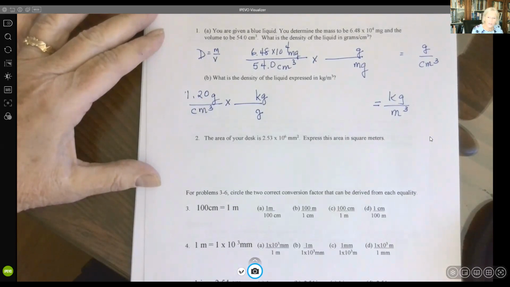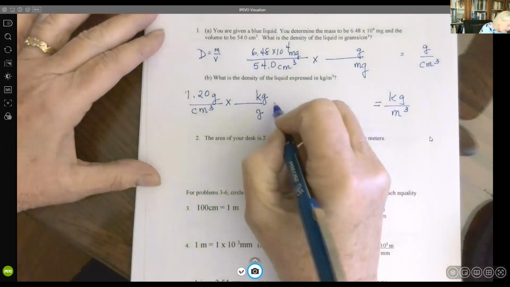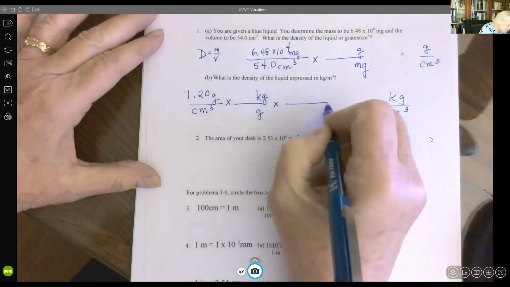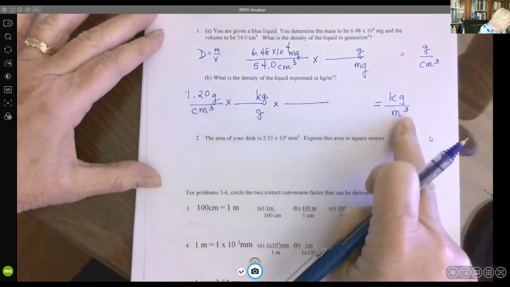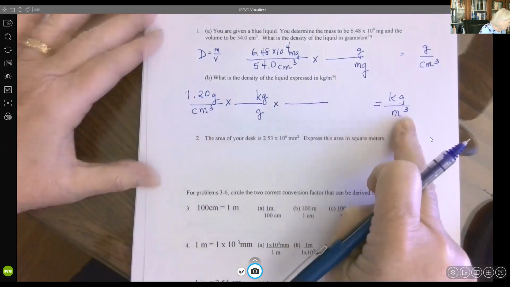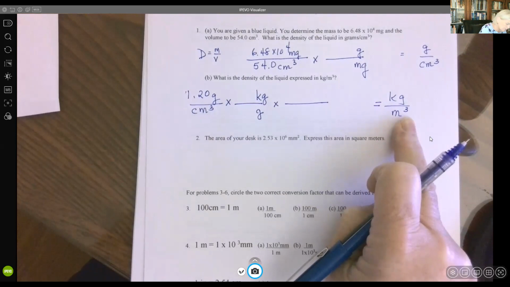Or you can say 1 gram is 0.001 kilogram. Both those are appropriate equalities. So you fill that in, and then the next thing I want to do is convert cubic centimeters to cubic meters. Here you have the challenging situation.